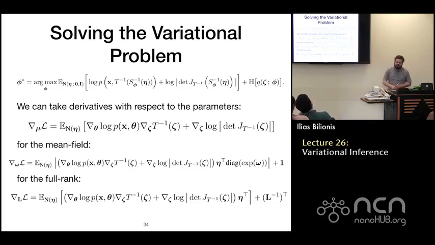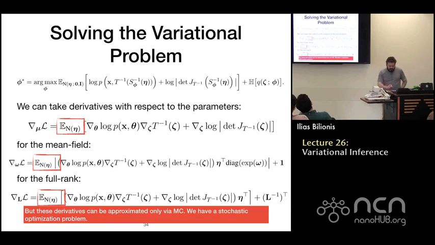And that's why you get this term. But it is analytically known, the entropy of the Gaussian. So you have these gradients now. But still, the gradients require an expectation.